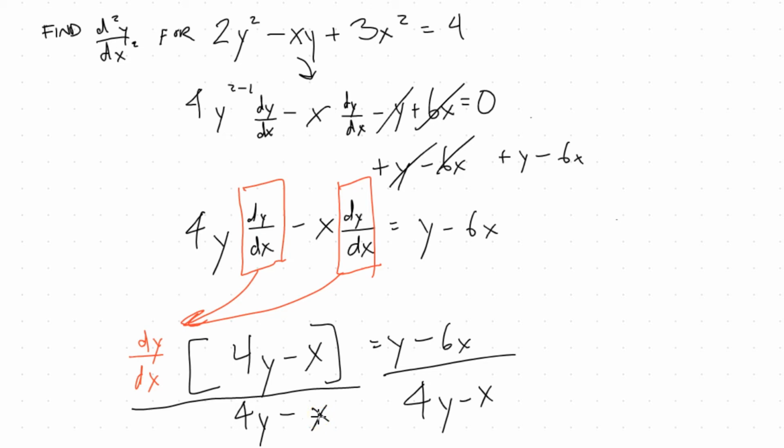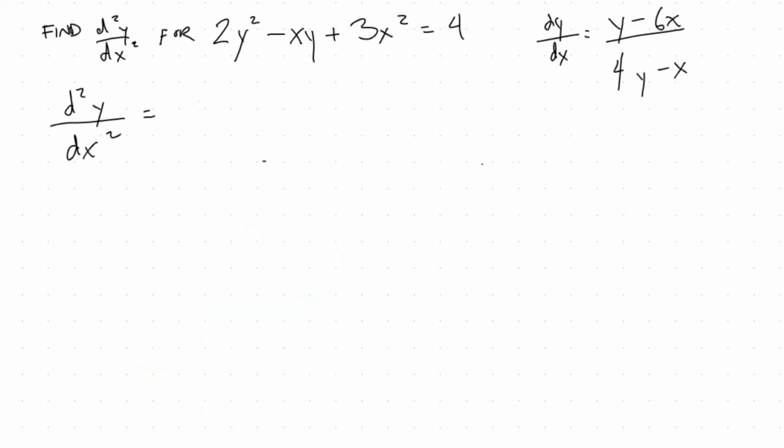And those will cancel out. We've now solved it where dy/dx is equal to y minus 6x over 4y minus x.